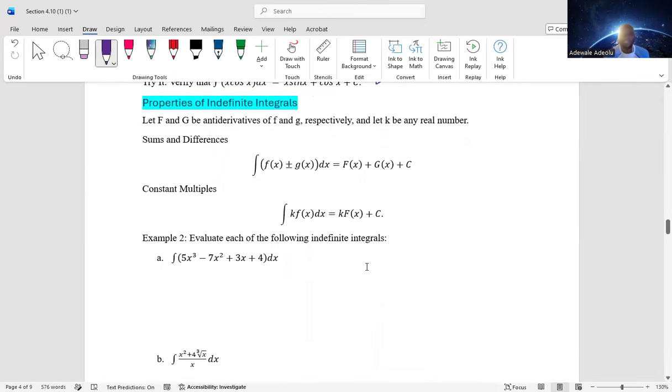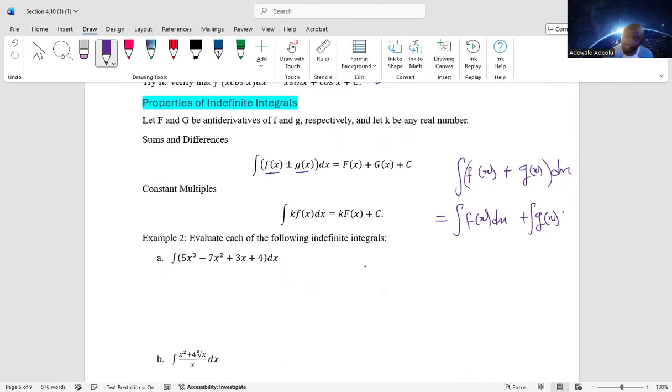Okay. Now, let us learn some properties of indefinite integrals. Very simple, just like we have learned with continuity, differentiation, and even with limits. Here as well, same thing. If we have two functions and we want to add or subtract under the integral, no problem. You can separate it: the integral of f of x dx plus the integral of g of x dx.